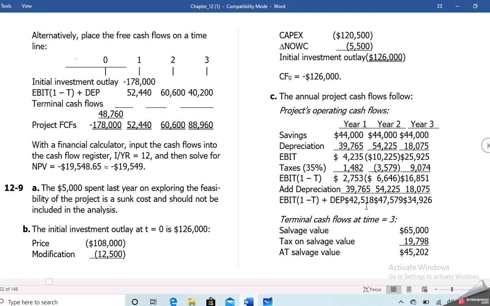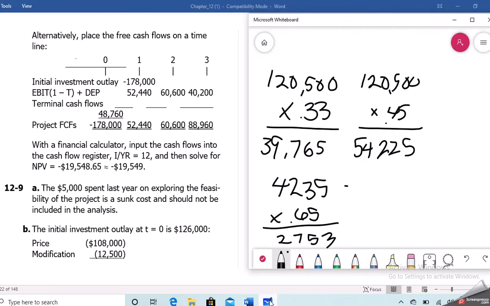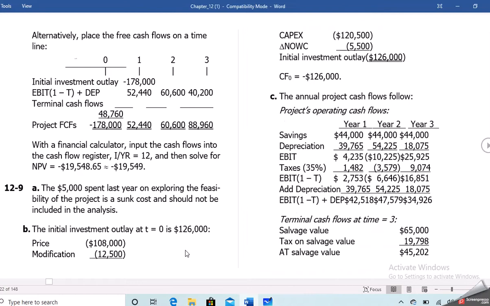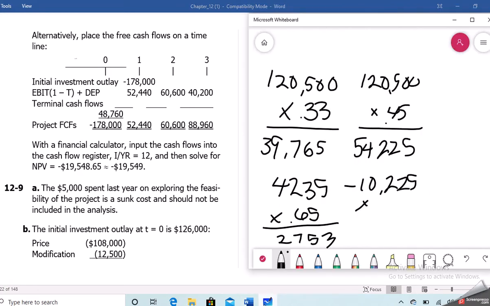So our cash flow for year 1 is going to be $42,518. Then again, if we take our negative 10,225, right? And then we multiply that by our 0.65.